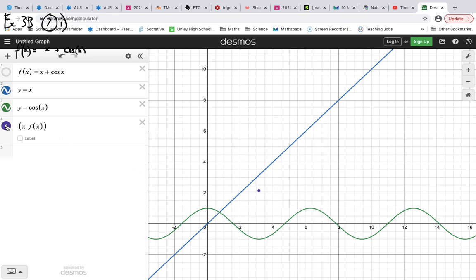I've put on, let's look what happens when we put pi in, right? So if I put pi into the cos curve, it ends up being -1. But if I put pi in on the y equals x, it would be 3.14. And you can see that over that space on the green, yeah, it went down.